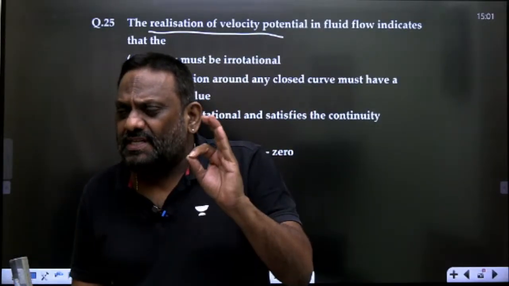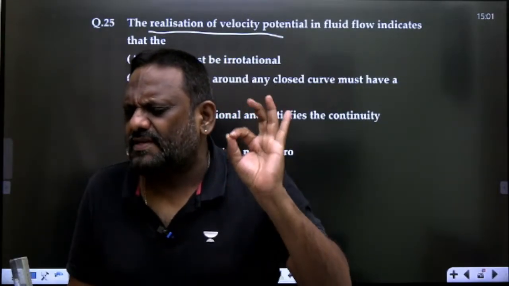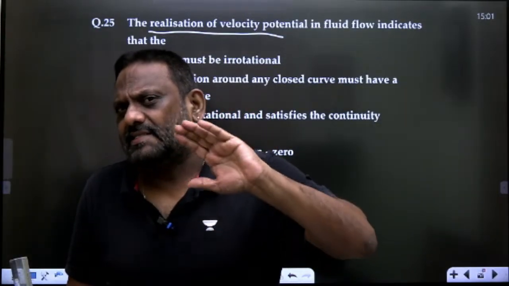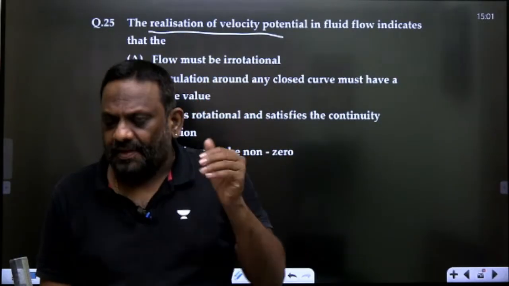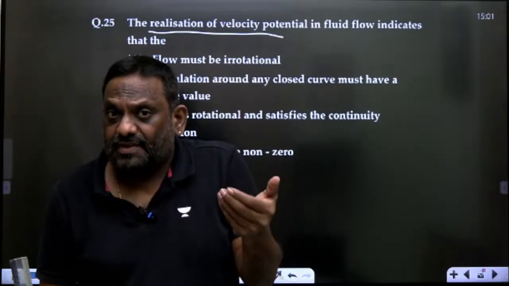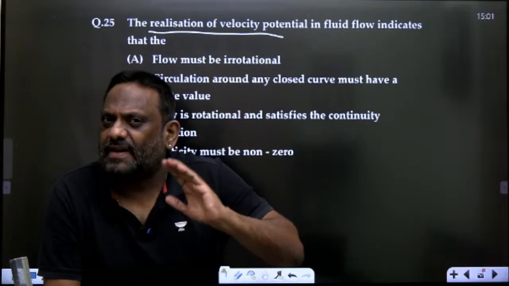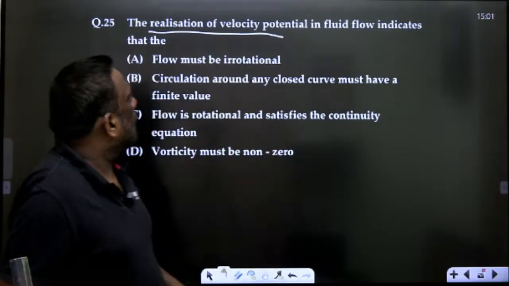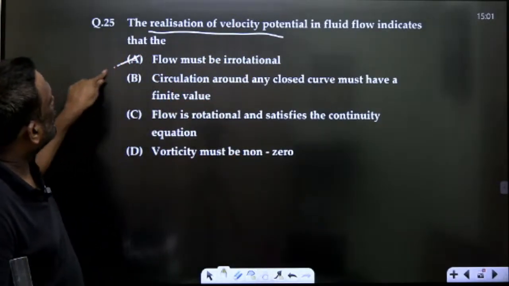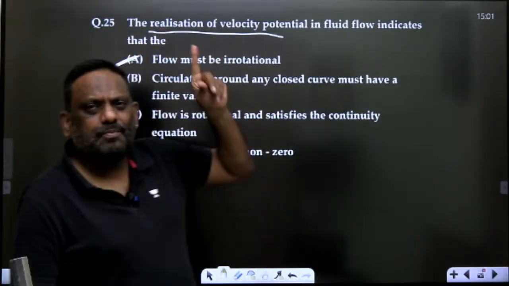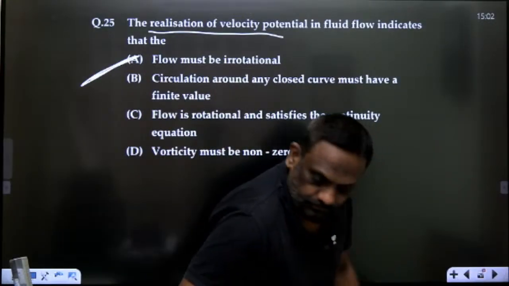If the velocity potential function satisfies Laplace equation, I repeat, if the velocity potential function satisfies Laplace equation, automatically it satisfies the continuity equation, the incompressible continuity equation. So flow is possible. Similarly, if the stream function satisfies Laplace equation, the flow will be irrotational. If the stream function does not satisfy Laplace, it is rotational. Look, the realization, meaning existence of velocity potential indicates the flow is irrotational. Whenever a velocity potential function exists, it means it is irrotational. Very good, sir. Okay, sir.